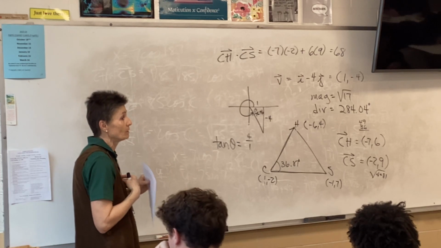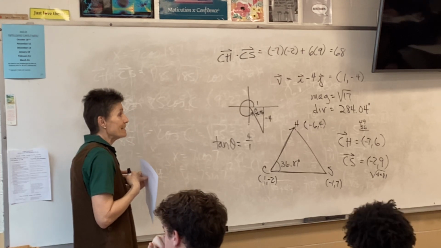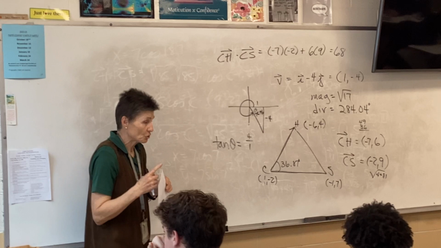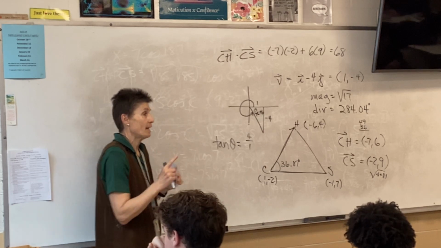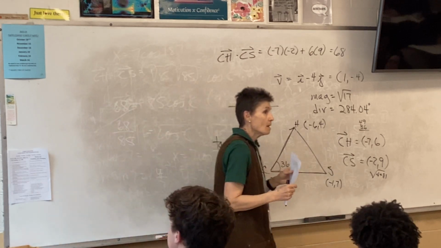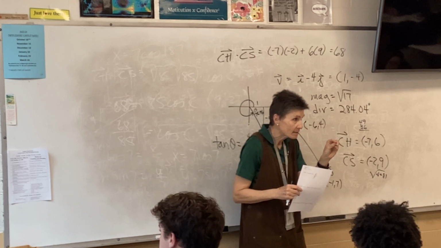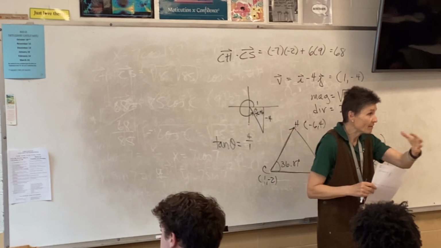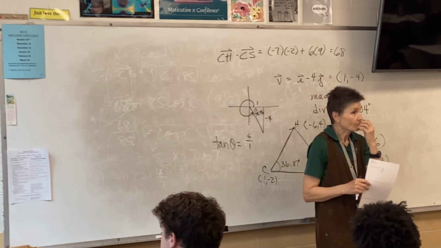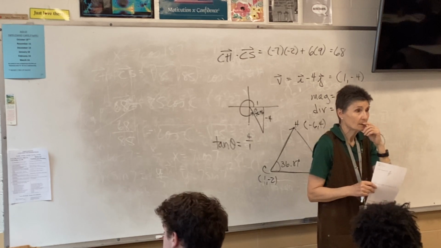So that's what we're trying to do, figure out what the wind has done to my actual speed and my actual direction. Isn't my actual speed and direction the resultant of my motion and the wind? Aren't they being added together?